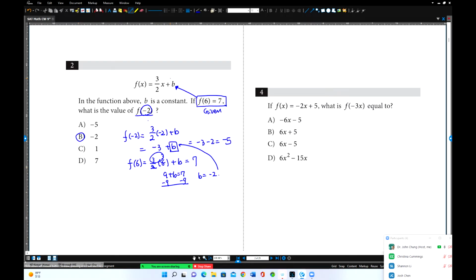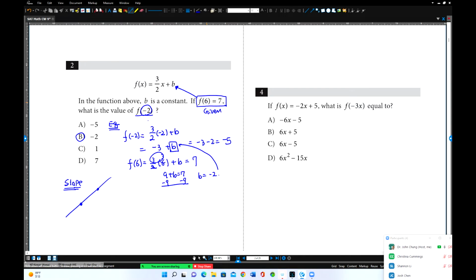The first way was using the equation. The second one is using the slope. Because this is linear, between any 2 points there is a constant slope. Slope is always a constant.